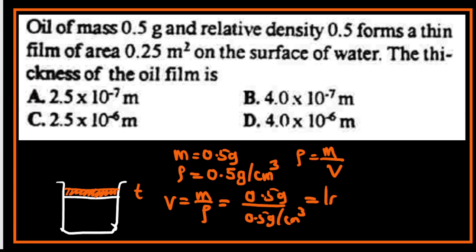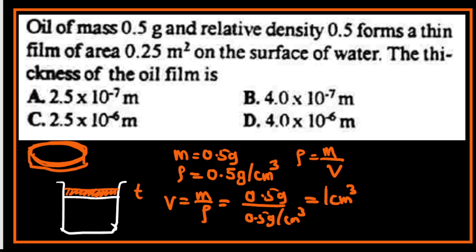So if the volume is 1 cm cube, they give you the area of the film. Let's look at the top surface of the film. Let's say the film has a circular cross section. So right now we need the thickness.